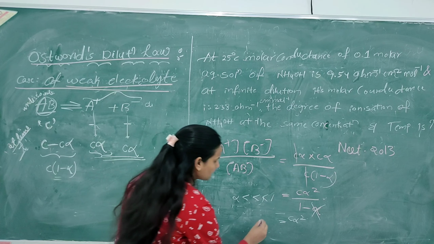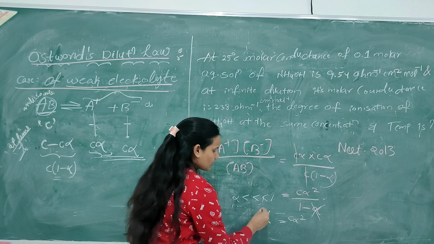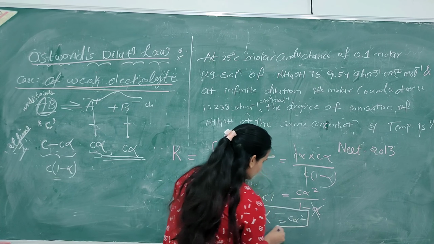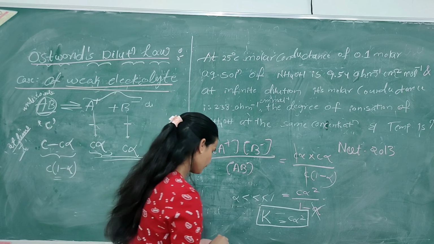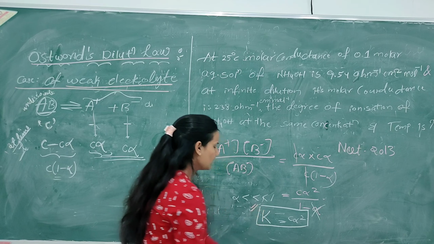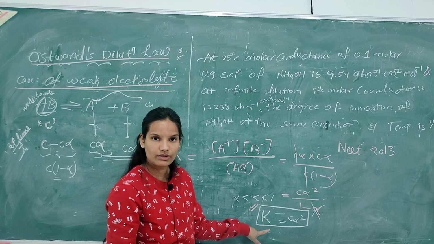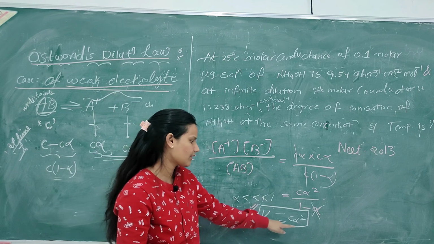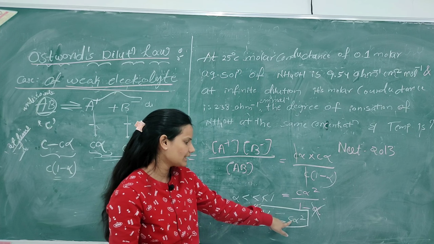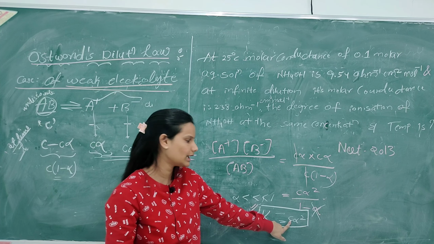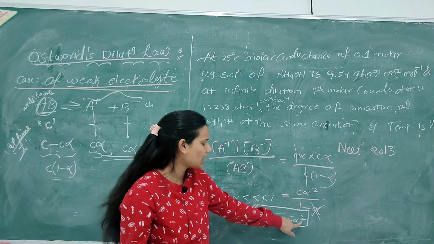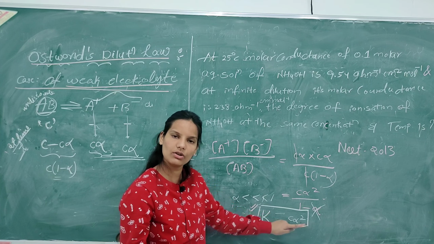So we simply got K equal to, K was the dissociation constant. So this is an important result. Just for your knowledge, K is the dissociation constant for weak electrolytes, that is given by C alpha square, where C is the initial concentration of the electrolyte you have taken. Alpha is the degree of dissociation of the electrolyte.